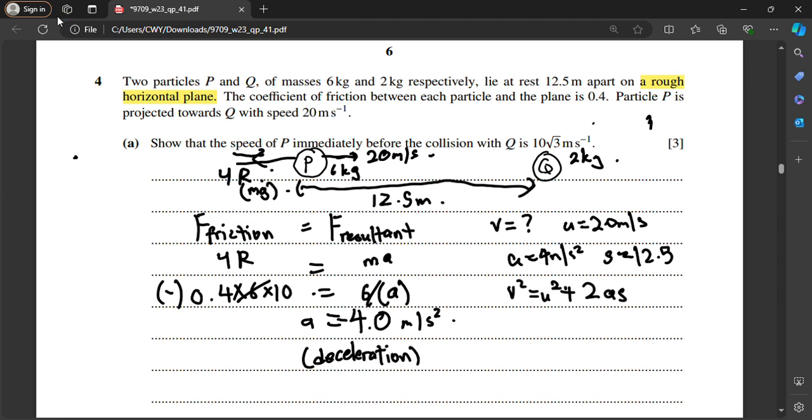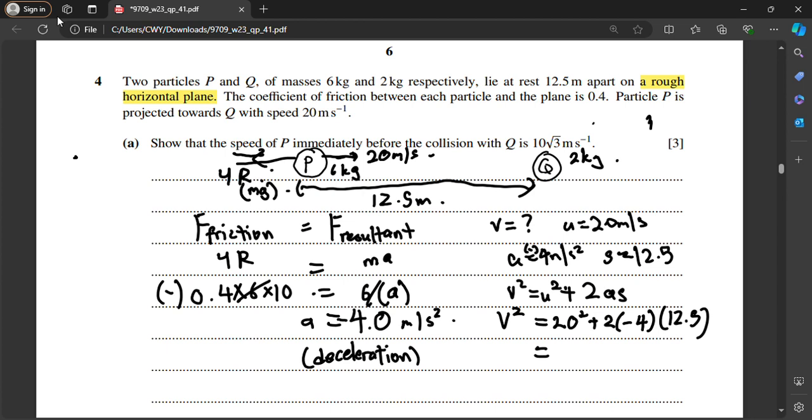Okay, so from here I'm just going to put this as a negative 4. Then I can find v squared equals 20 squared plus 2 times negative 4 times 12.5. From here, you can just press your calculator, which I'm not going to do.